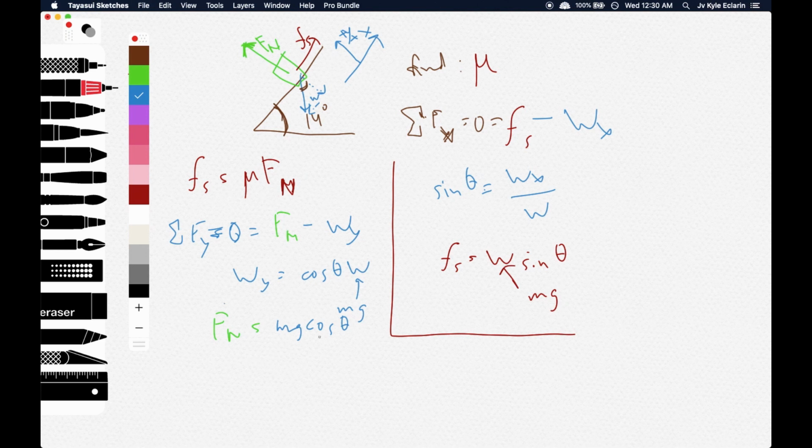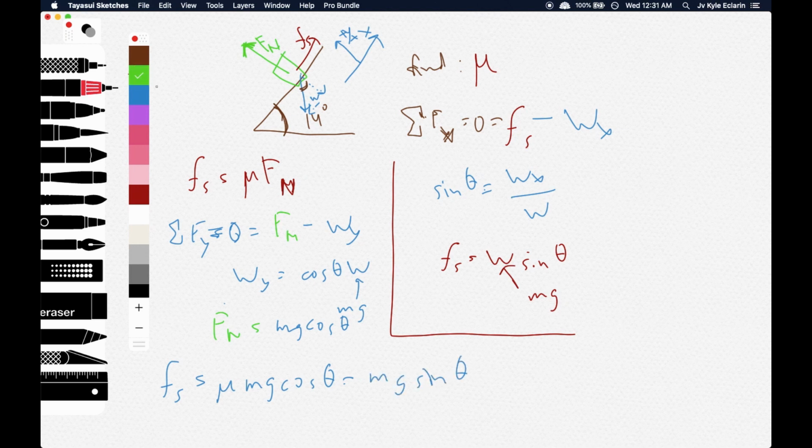So we can sub this back into the sum of the forces in the x direction. We've already written that down up here, and then we found out that the static frictional force is equal to the x component of the weight. So we could write all that down. F of S is equal to mu times the normal force. Normal force is mg cosine theta. And this is equal to the x component of weight, which is equal to mg sine of theta.